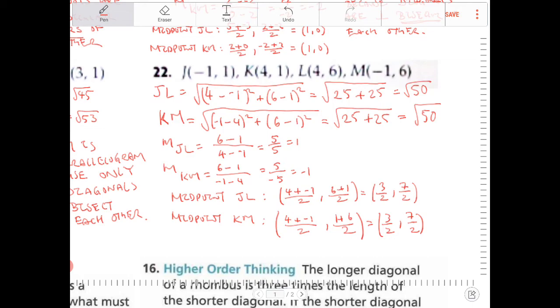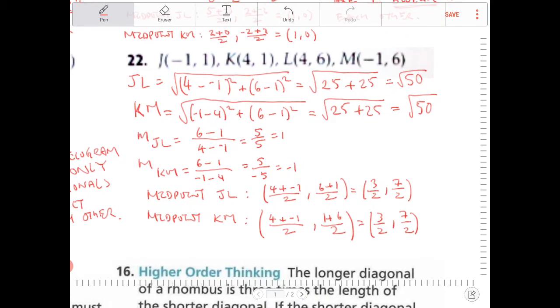So this is in fact a square then, because the diagonals are the same and the diagonals are perpendicular bisectors of one another.